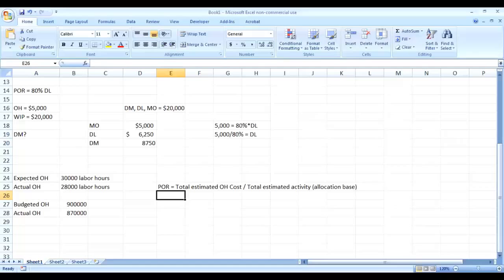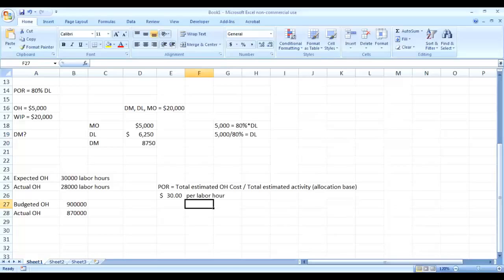So always total estimated cost for the entire period divided by total estimated activity. Our total estimated cost was $900,000, and we expected to run 30,000 labor hours, so that's $30 even per labor hour. That would be our predetermined overhead rate.